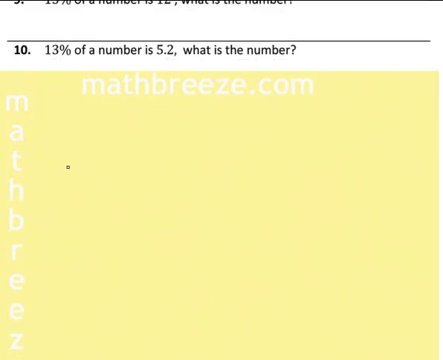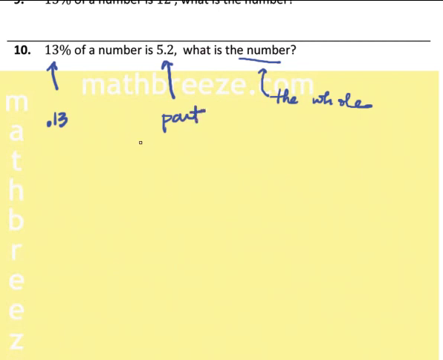Here again, we're finding what we call the number, or the whole. So we're going to divide 0.13 into the part. So we divide into the part to get the whole.